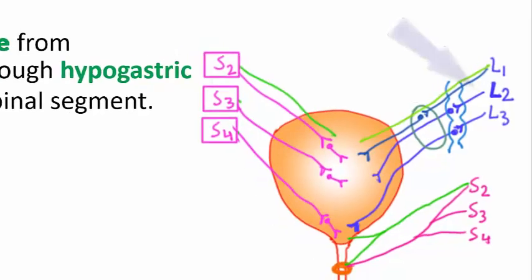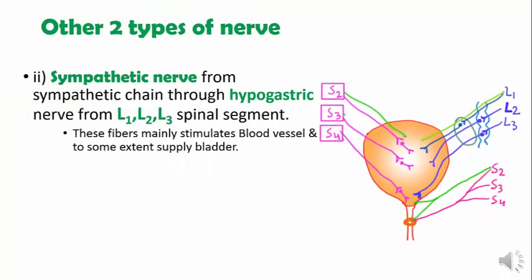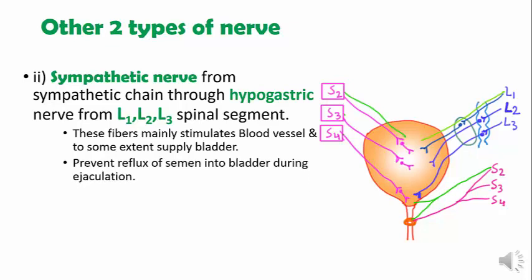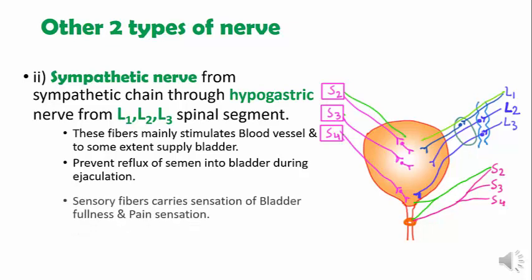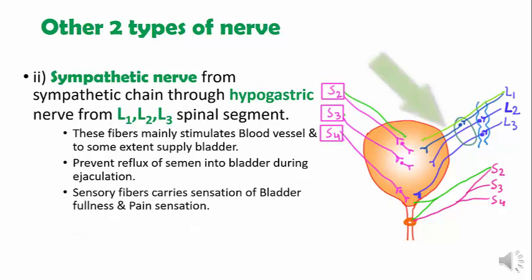These fibers mainly stimulate the blood vessels, and to some extent supply the bladder, and prevent the reflux of semen into the bladder during ejaculation. And the sensory fibers, the green colored ones, carry the sensation of bladder fullness and pain sensation of the bladder.